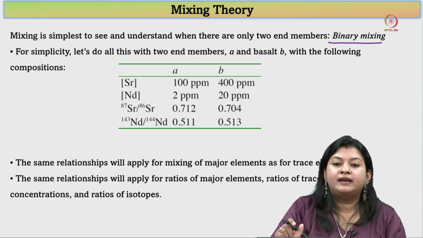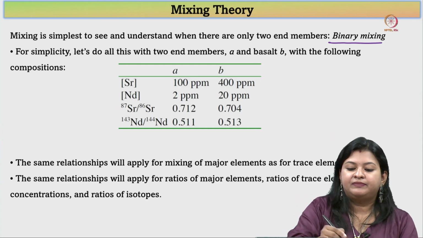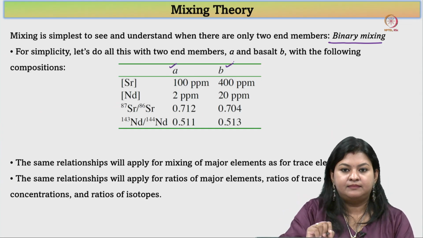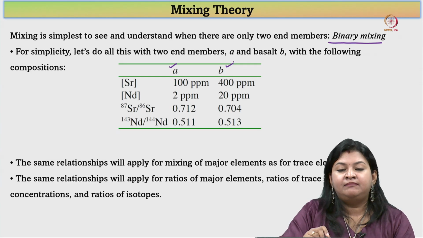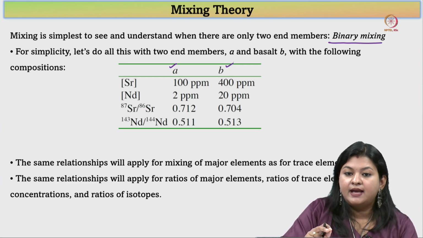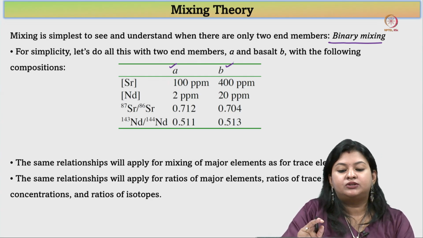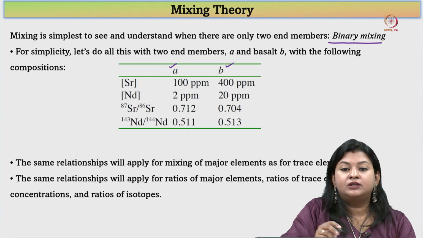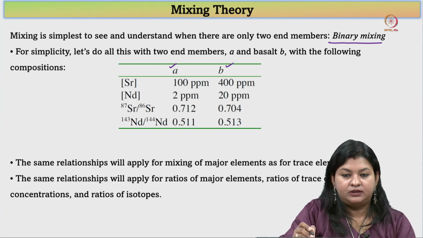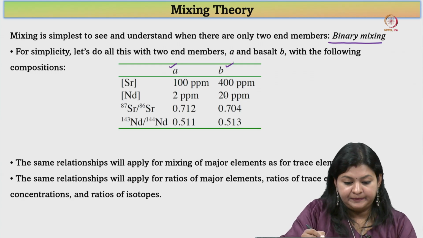So, that is our final target product, and we have our two end members, A and B, and A and B have particular strontium concentration, neodymium concentration and isotope signature. As you can see, the strontium concentration is 100 and 400, neodymium is 2 and 20.